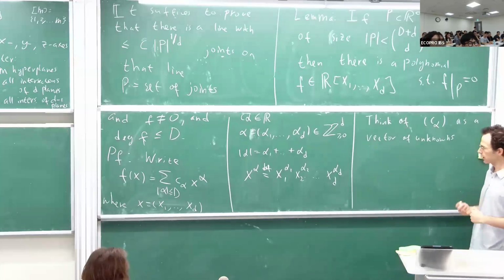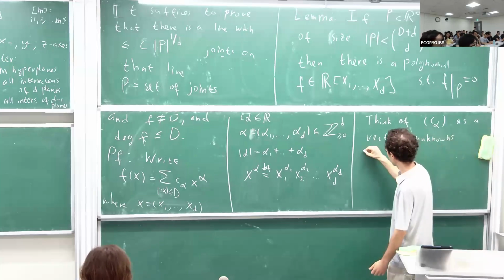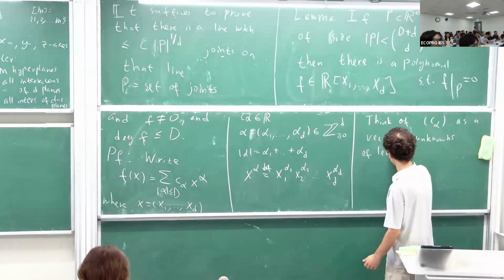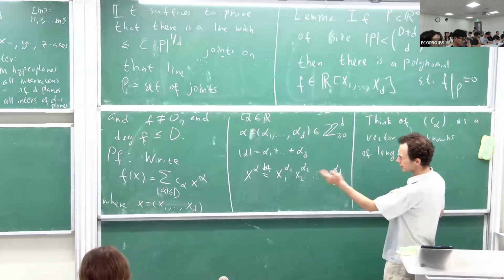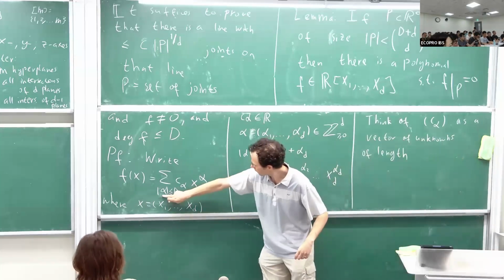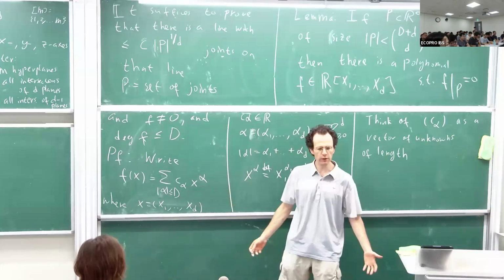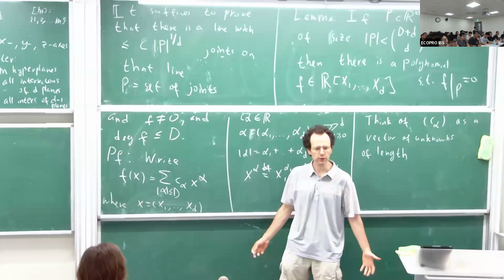This is what I want to find, and how many of them are there? What's the length of this vector? Well, it's the number of alphas with sum at most D. How many of them are there?